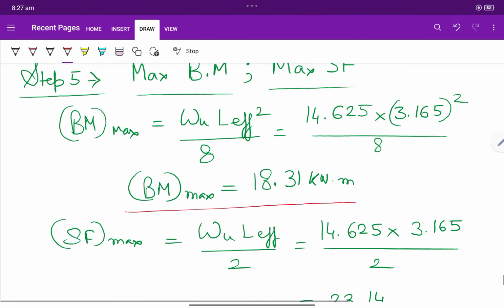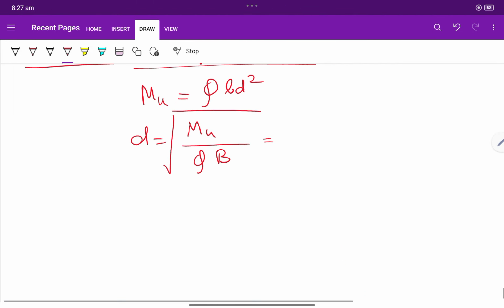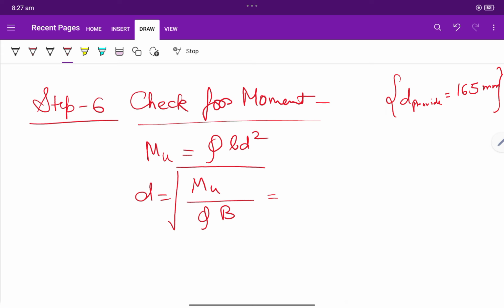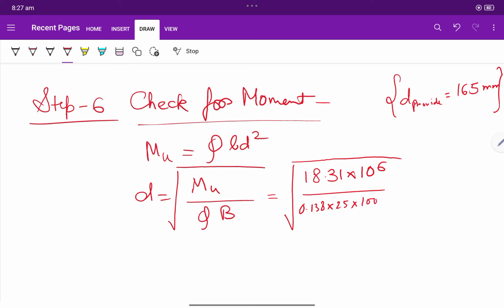The moment is 18.31, which we have to convert into Newton millimeter: 18.31 into 10 to the power 6, 10 to the power 3 for kilonewton to Newton and 10 to the power 3 for meter to mm, divided by 0.138 into fck 25 into b value 1000, as we design for b equal to 1 meter in a slab.